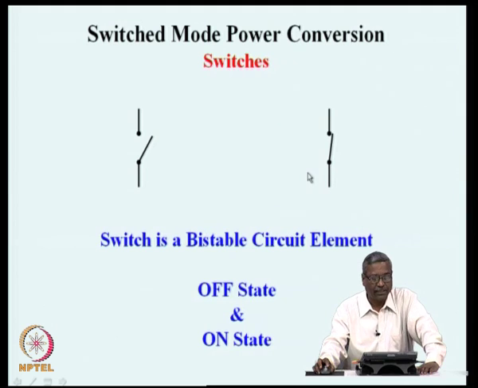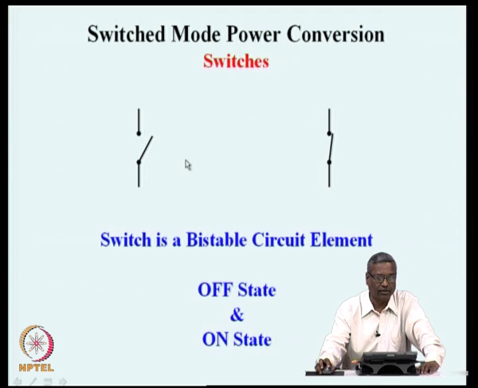A switch is a circuit element. This circuit element has two stable states. Just like other circuit elements, resistor or inductor or capacitor, a switch also has two terminals. It is a two terminal device, but unlike resistors or inductors or capacitors, a switch has two stable states.